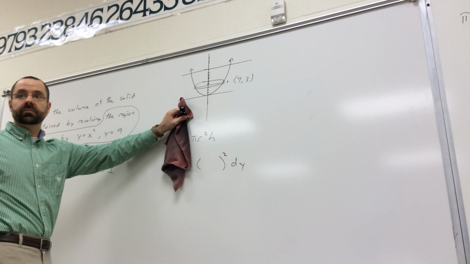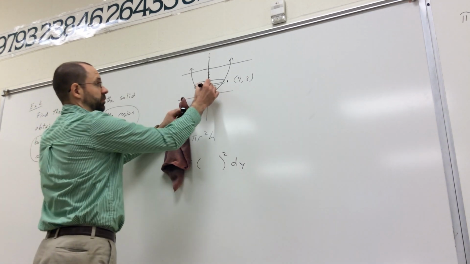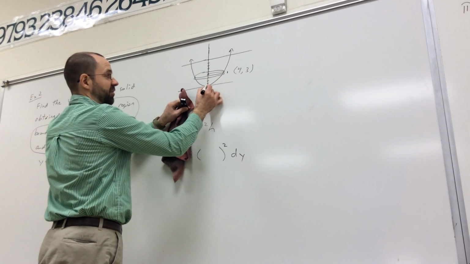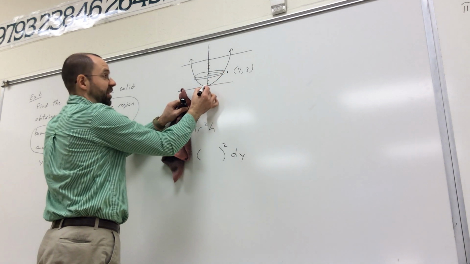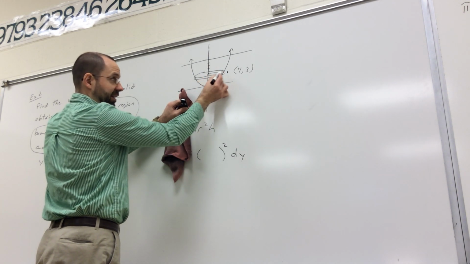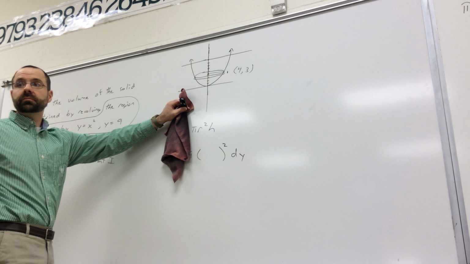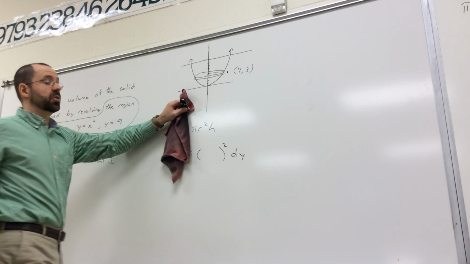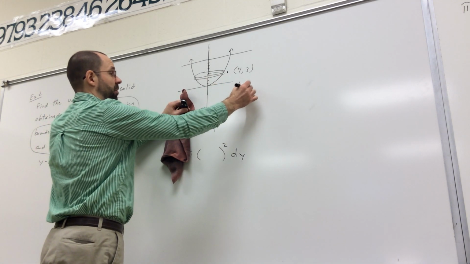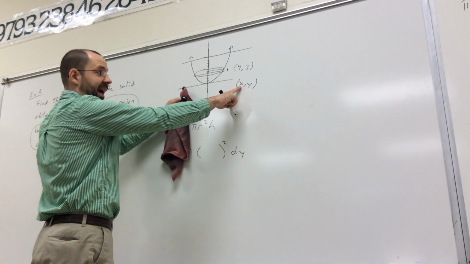It's 4. If you plot 4, 3, that just means you went over 4, and then that distance is 4. So in general, if that point was an x comma y, the radius would be x.